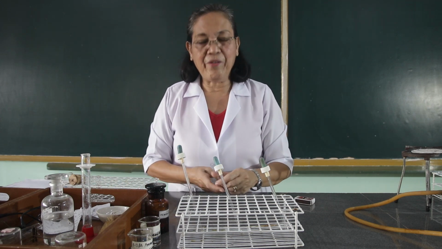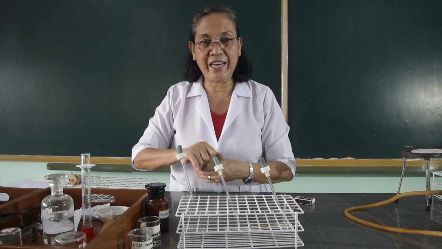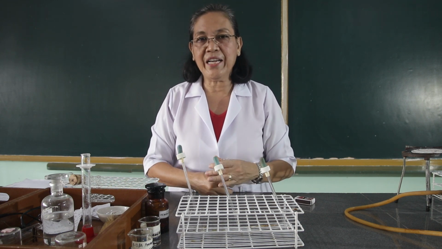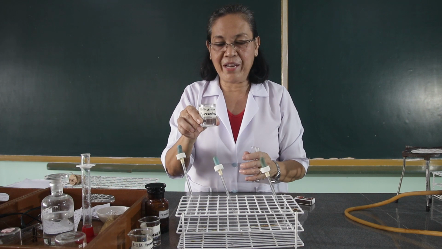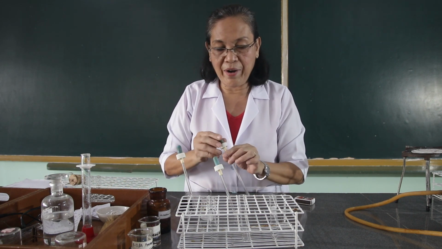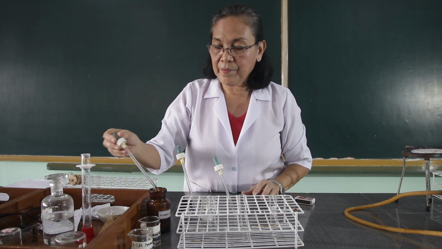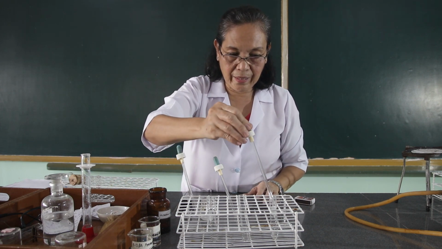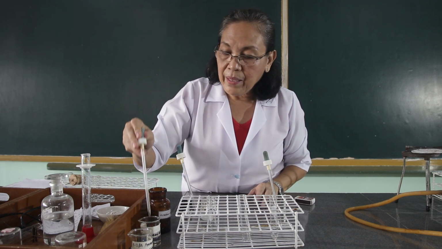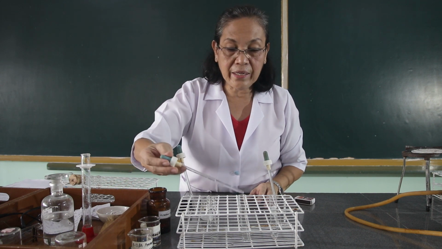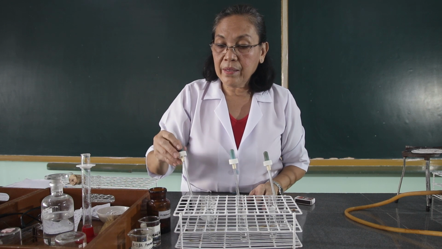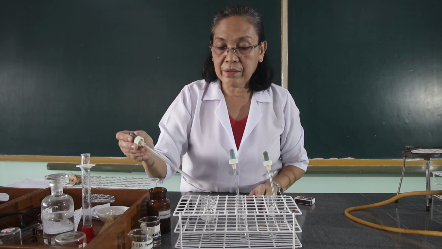Then, we're going to make a precipitation test with the same ions, but this time we're going to add the potassium pyroantimonate. So the same solution of the sodium chloride. The potassium chloride. And the ammonium chloride.